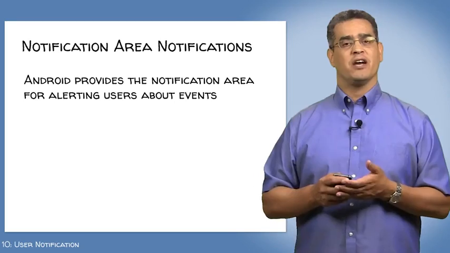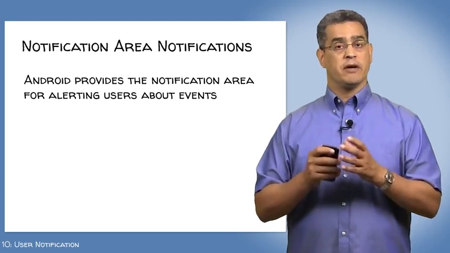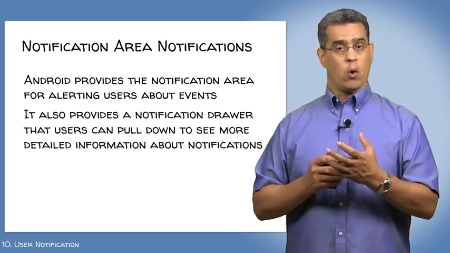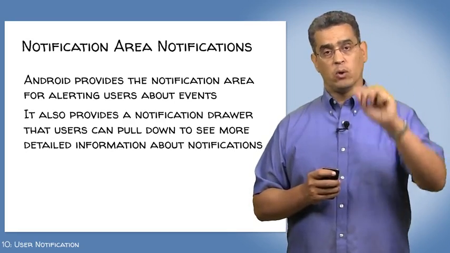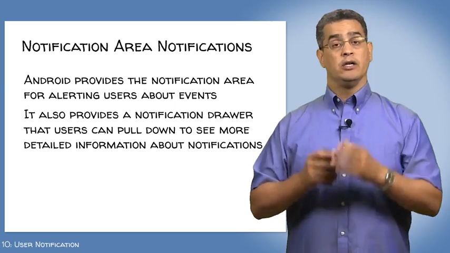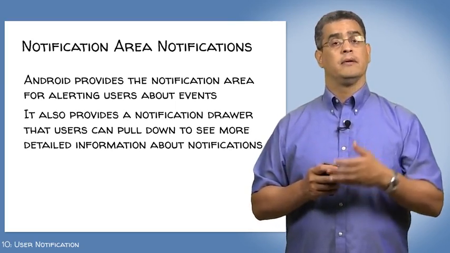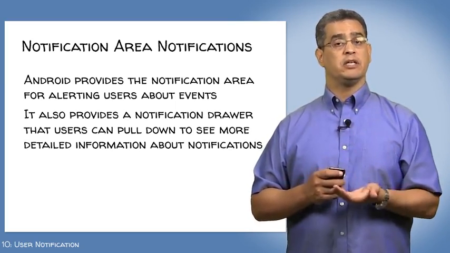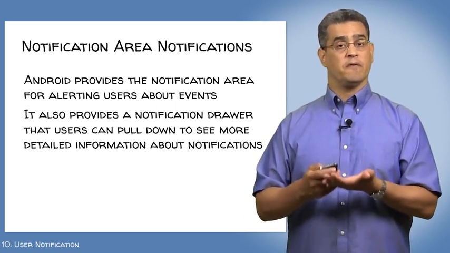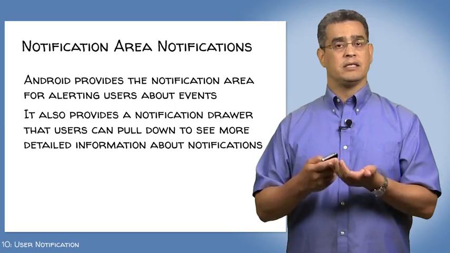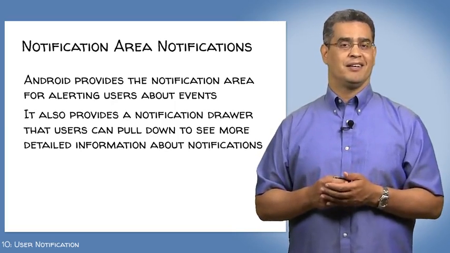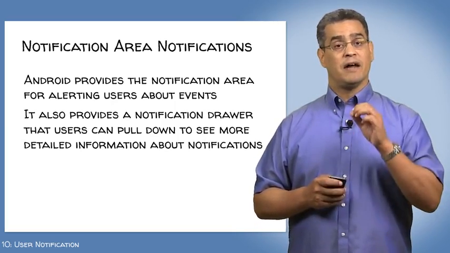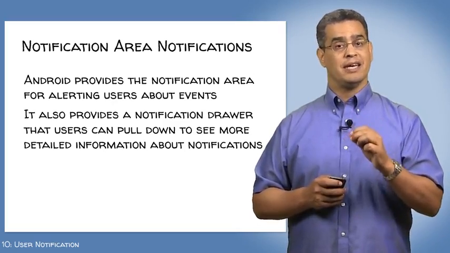The notification area also provides a user interface element called a drawer, and the user can pull down on the notification area to open the drawer. And once it's open, you can see additional information about the various notifications that have been placed in the notification area. Let's see an example of how these notifications are used in Android.